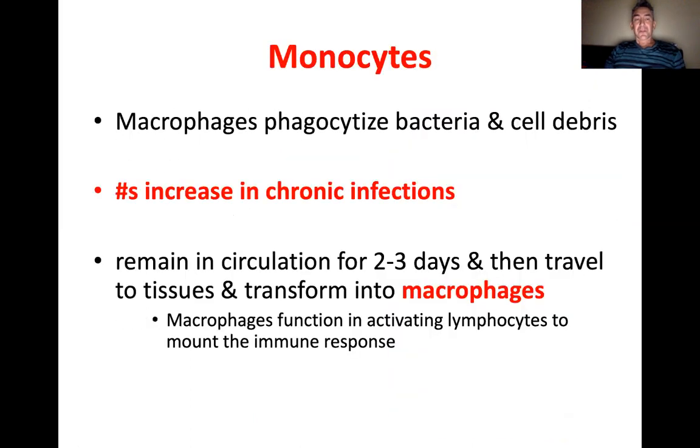Again, the monocytes will help with bacteria. They're not bacterial specialists. They will help with other dead cells, junk that's accumulating there. They remain in circulation for 2-3 days. Once they've had their butts kicked a little bit, they go over there, they transform, they strengthen up, they become much better warriors as macrophages, right? Macrophages function in activating lymphocytes to mount the immune response.